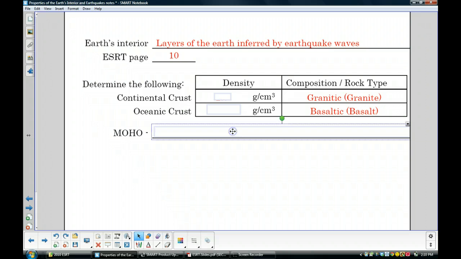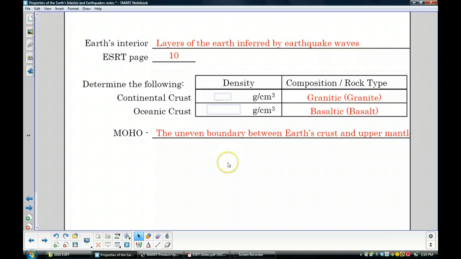There's this region just underneath the crust called the Moho region. It's kind of an uneven boundary between the Earth's crust and the upper mantle. The Moho was named after a Russian scientist, Mohorovičić, who studied earthquake waves and noticed they bounced as they went down into the earth.